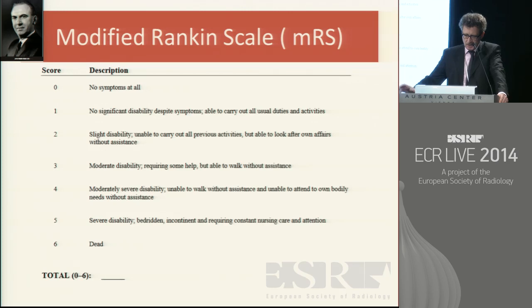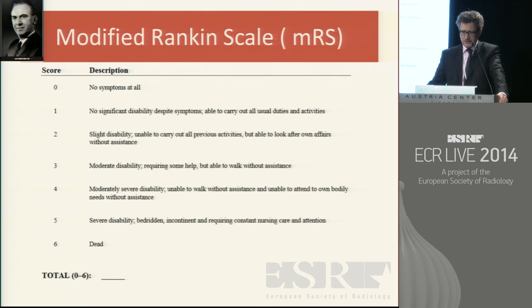The other scale which is important in looking into stroke is the modified Rankin scale. The modified Rankin scale is mainly a scale that tells you about rehabilitation of the patients. And many of the trials that we are talking about later are based on the outcome on the Rankin scale.